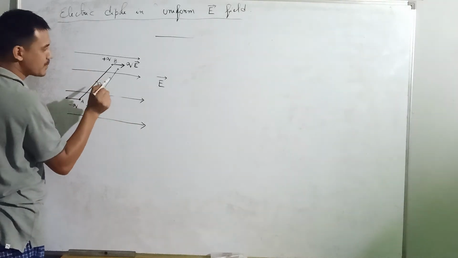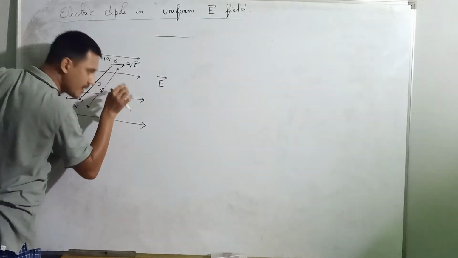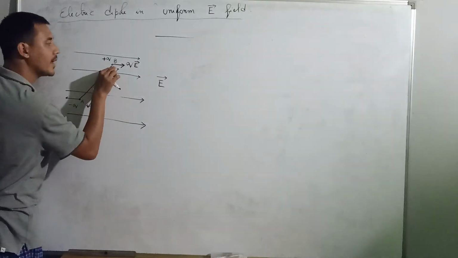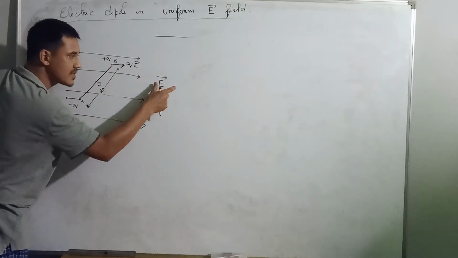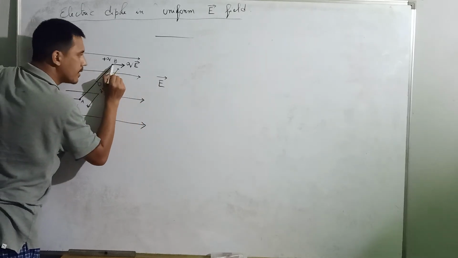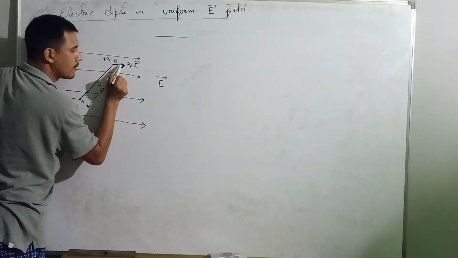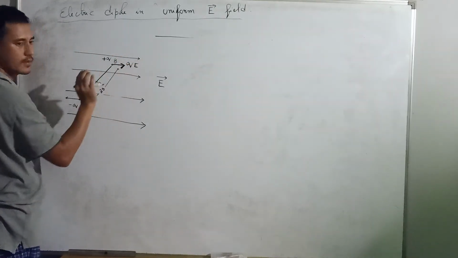So the force experienced by this charge plus Q placed in this field will act along this direction, towards the given field E, right? And the force experienced will be given by QE.